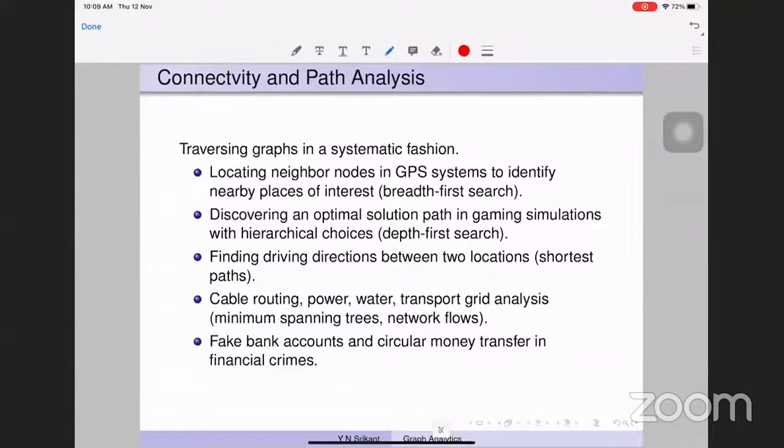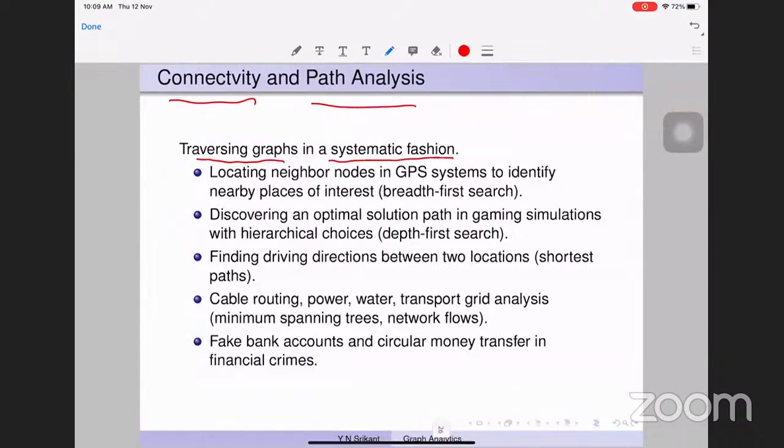So then the next one is connectivity analysis and path analysis. These are very well known already. They involve traversing graphs in a very systematic fashion.